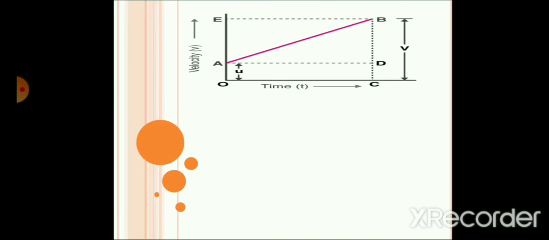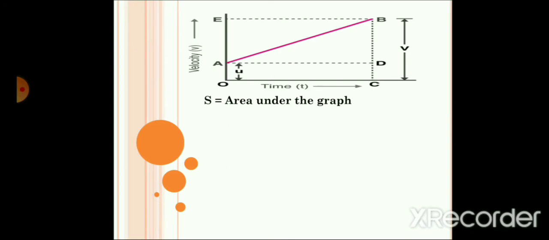Now how to find distance or displacement from a graph? From a graph, the distance or displacement is found by the area under the graph. Whatever area is covered under the graph will give you the distance or the displacement of the object. So s equal to area under the graph.